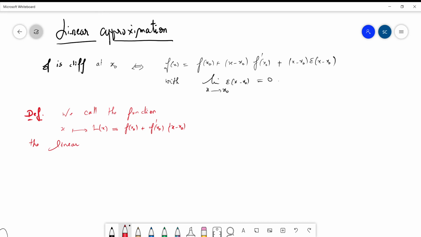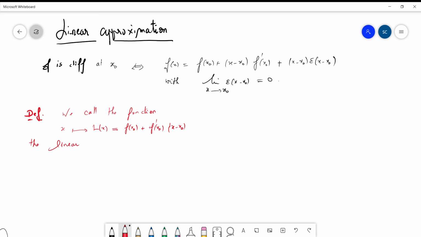It is linear because this is a constant, this is a linear term with degree 1 in x, and this is a constant. The value of the derivative at x0 is a constant. So we have a linear expression. We are approaching f by this linear part, since this quantity approaches 0.